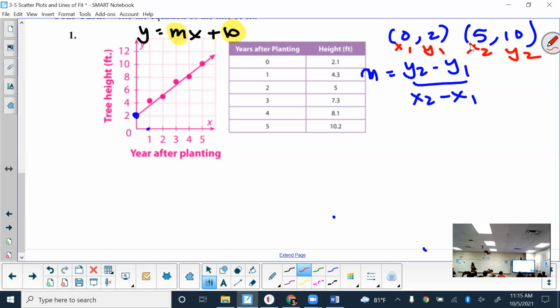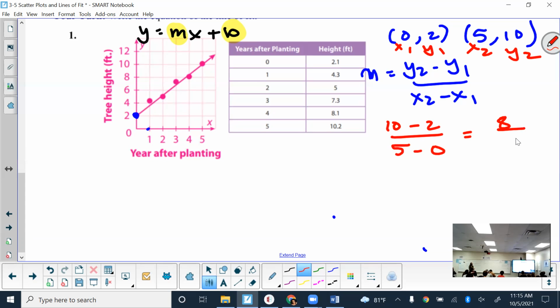And again, you might have labeled your points differently, but don't erase it, just see if you get the same m that I do. If I label it this way, I get 10 minus 2 over 5 minus 0. What's 10 minus 2? 8.